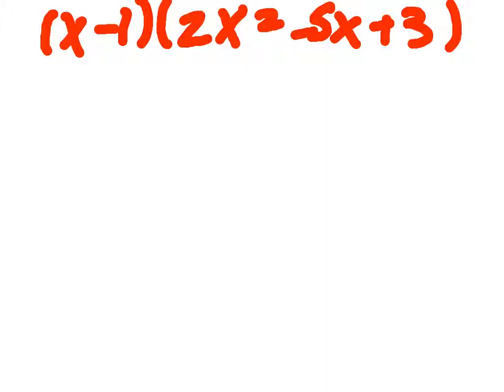Now we just had to figure out what factors went into 2x squared minus 5x plus 3.